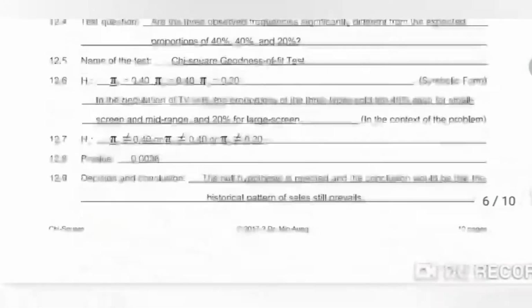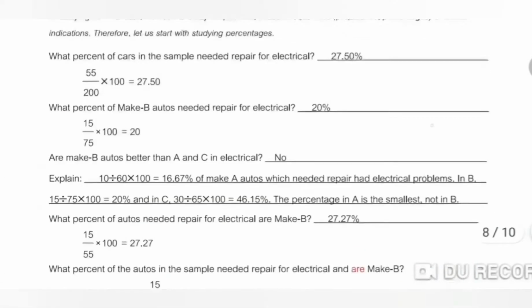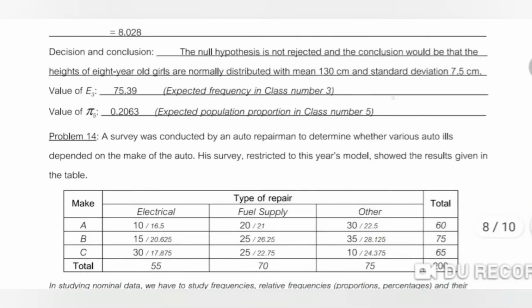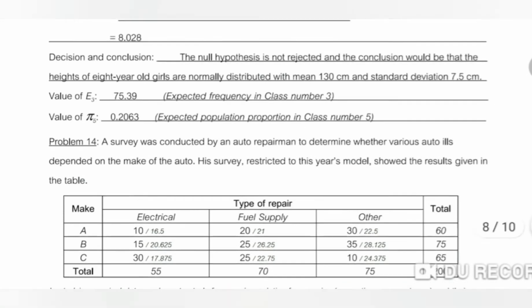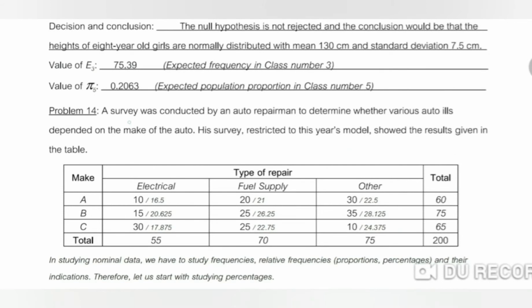An example is on page number... I give one example, problem 14, page 8. A survey was conducted by an auto repairman to determine whether various auto ills depended on the make of the auto.